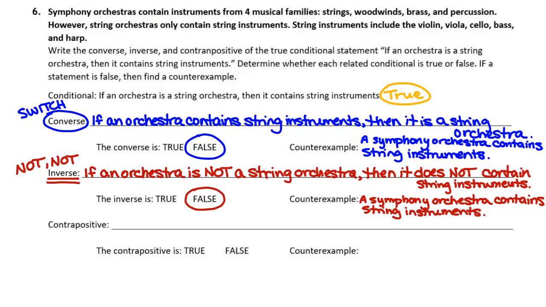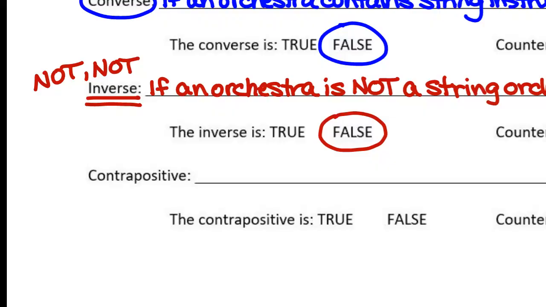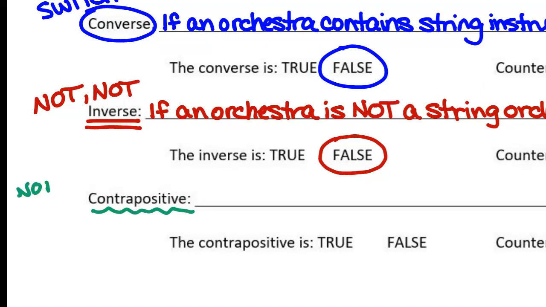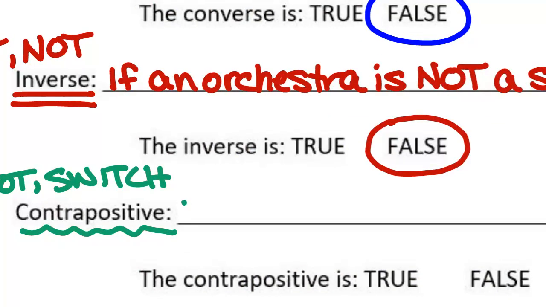All right, what do we do for the contrapositive? Not, and switch. So I'm going to look back at my converse, the one that I've already switched, and we're going to "not" this one. So what would that sound like? That's perfect, yes.